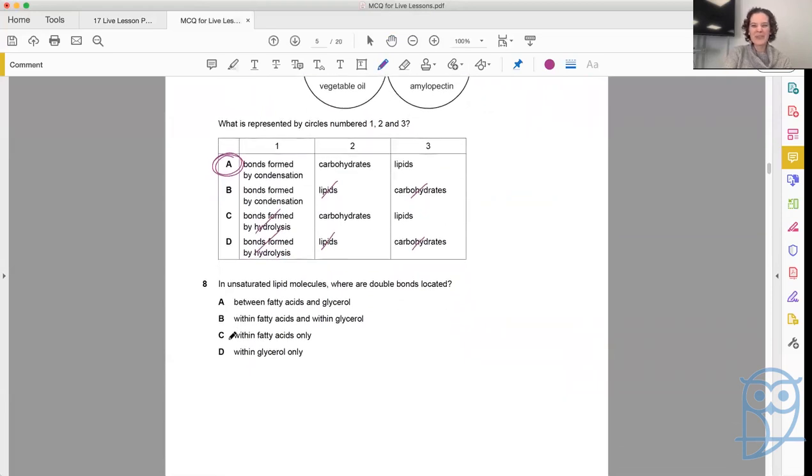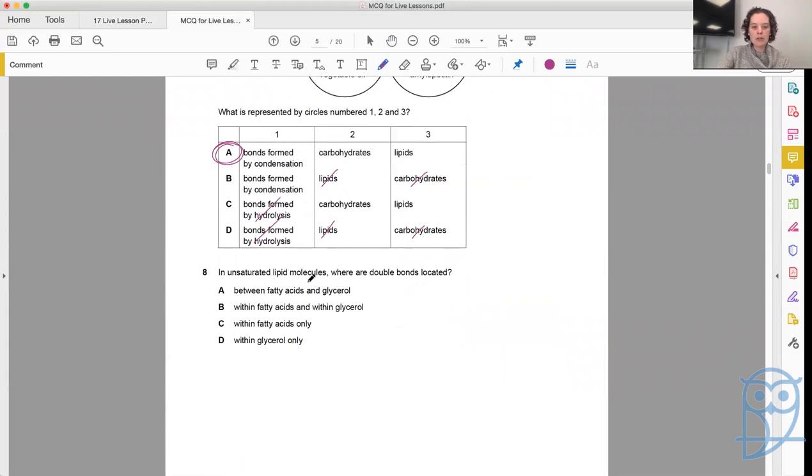We've got time for one more question today. In unsaturated lipid molecules, where are double bonds located? Unsaturated. Okay, so what is a lipid molecule? We have our glycerol. We have our fatty acids. Let's just do it for a triglyceride, why not? So we have 3 fatty acids.